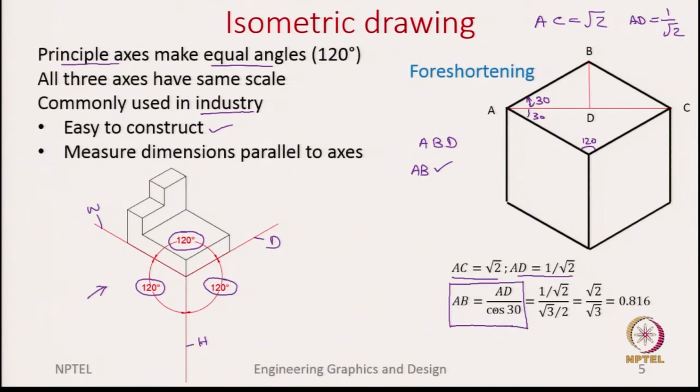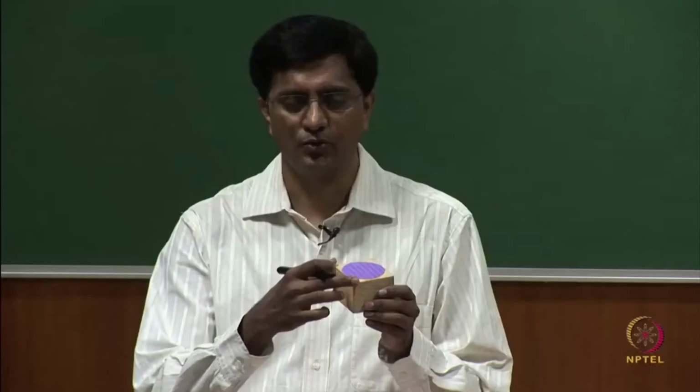Because we already know AD is 1 by root 2 and cos 30 is root 3 by 2, the result is root 2 by root 3, or approximately 0.816. So, what are we saying? We are saying that AB is equal to 0.816 times what? Times the size of the cube.